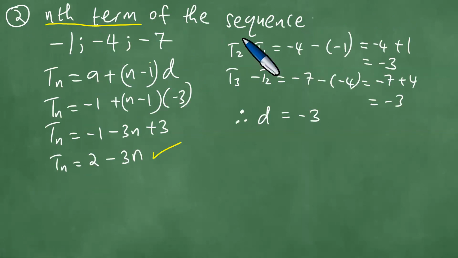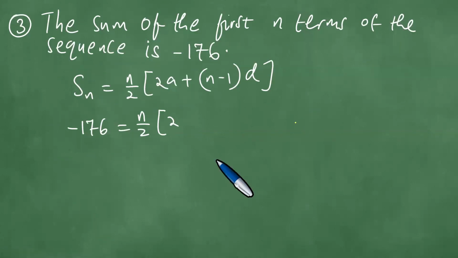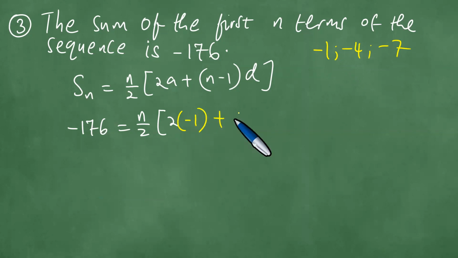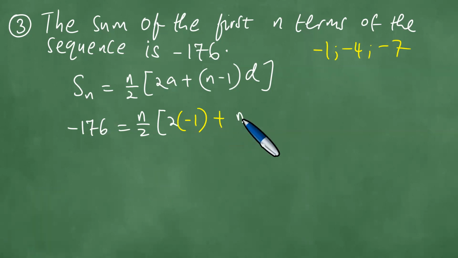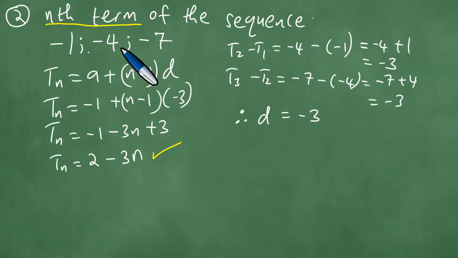The sequence is -1, -4, -7, so a is -1, and we found the common difference to be -3.